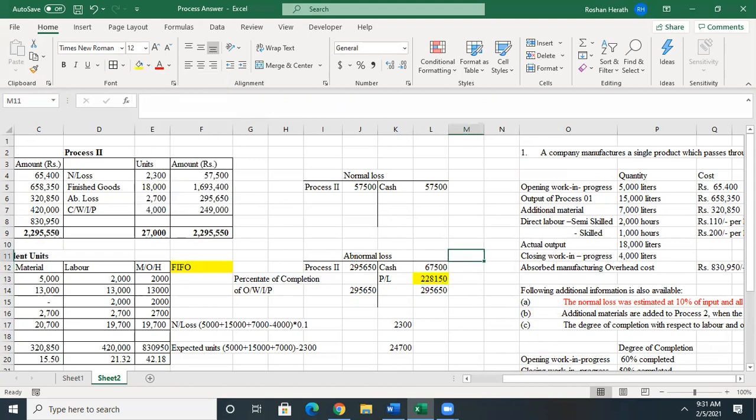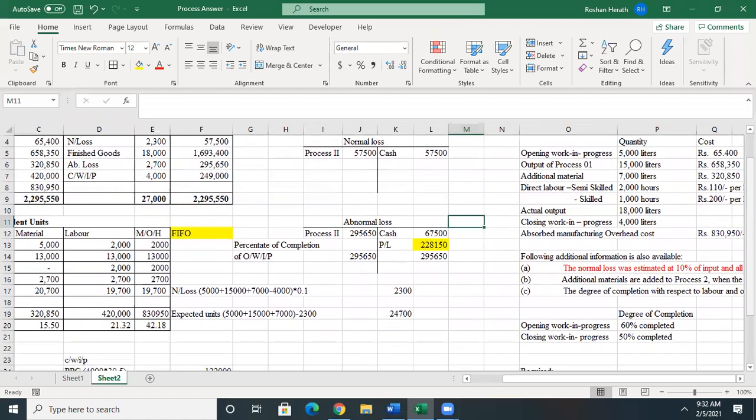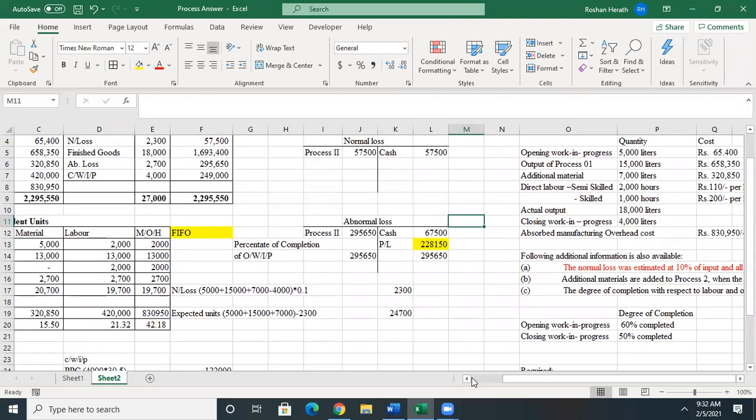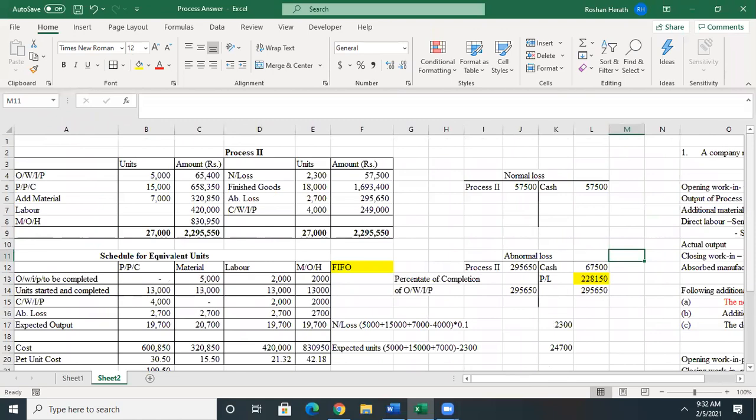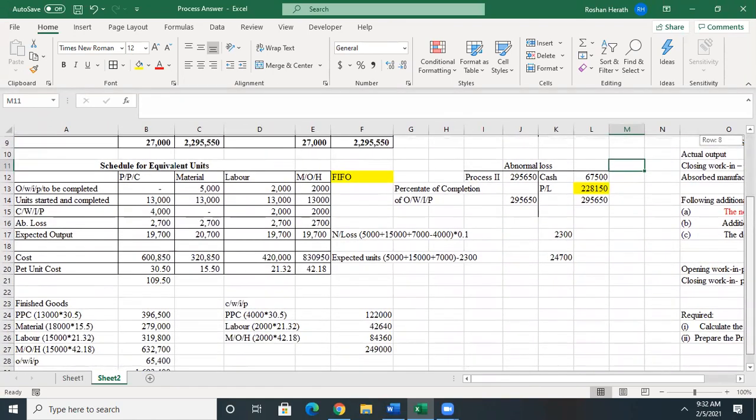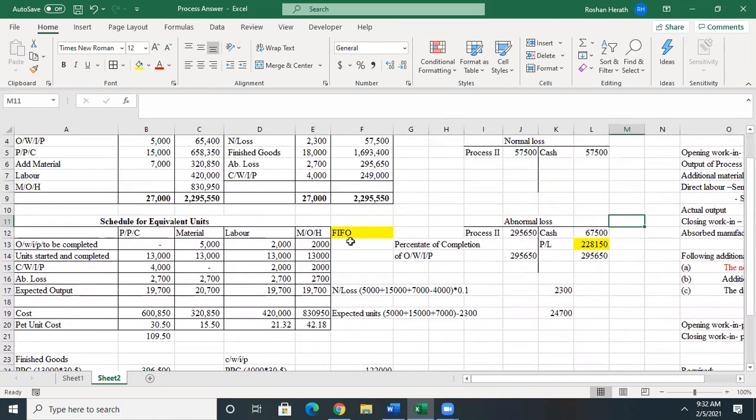So in the examination, you can be tested on either WAC or FIFO, and in some instances on both methods. Hence your knowledge of the WAC method as well as the FIFO method is pretty much required. In some exams I have seen, they do not specify the method, so it's your judgment.